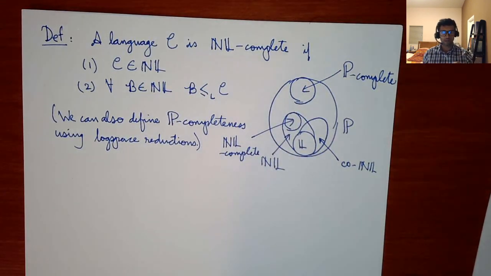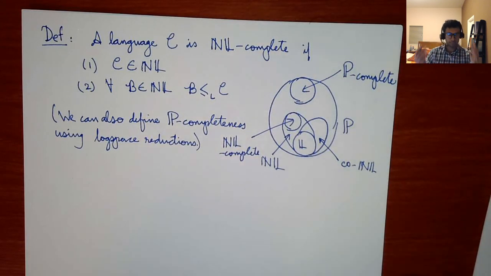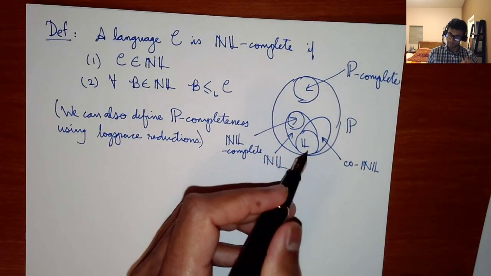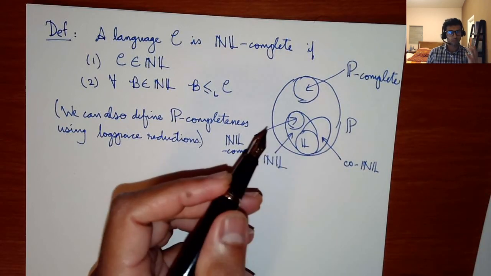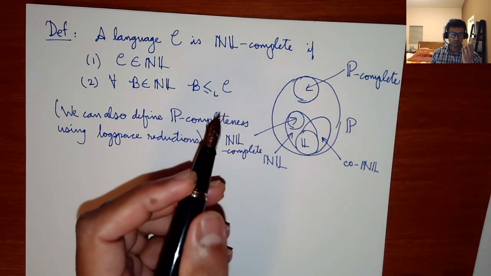Just like we had P, NP, co-NP sitting in P space, it's almost like that, where you have L, NL, co-NL sitting in P. So we've switched time and space. Now, the smallest class we're looking at is a space class. Previously, the smallest class was a time class, P. But now we're replacing that with L, being the smallest unit that we're going to look at.